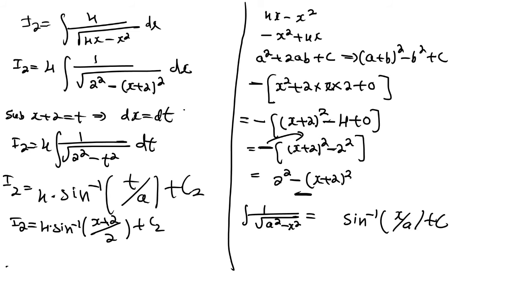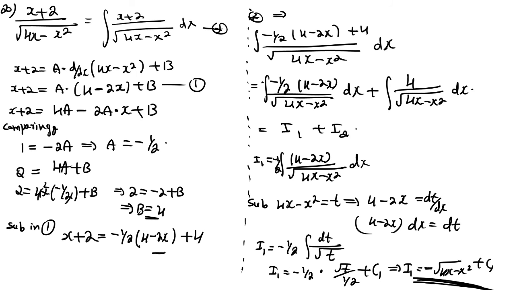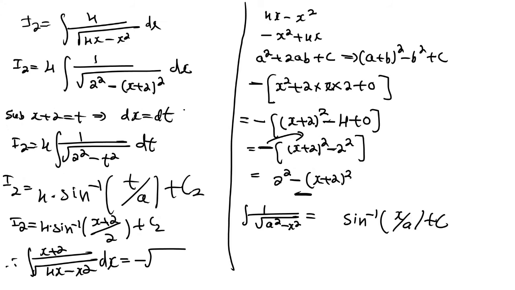Now combine. Therefore, the integration of the given question, x plus 2 divided by square root of 4x minus x square into dx, is equal to the I1 value we already calculated. Here I1 is equal to minus square root of 4x minus x square plus the I2 value.